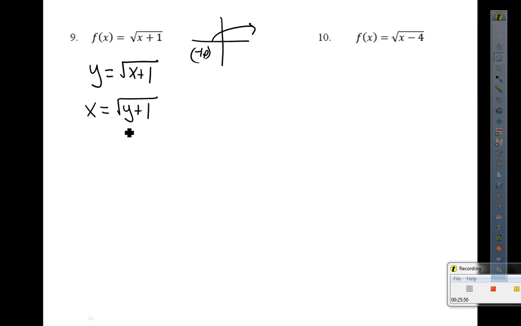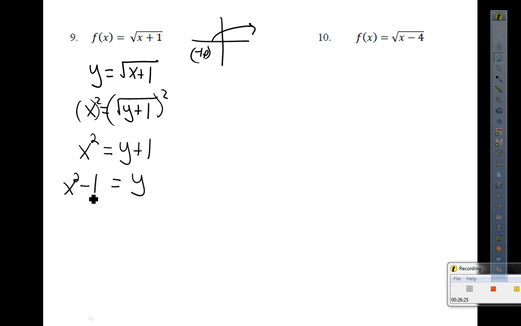To get rid of a square root, I'm going to square both sides. So if I square both sides, on the left-hand side I've got x squared. On the right-hand side I've got y plus 1. The squared and the square root cancel each other out. I'm going to get y by itself by subtracting 1 from both sides.